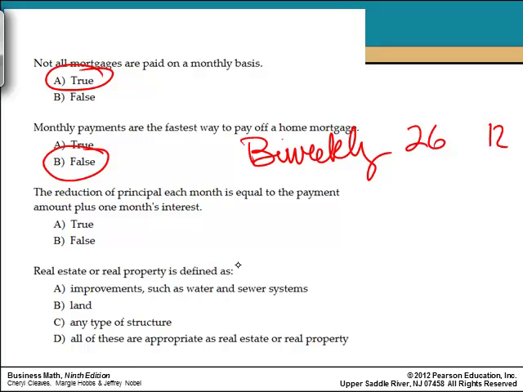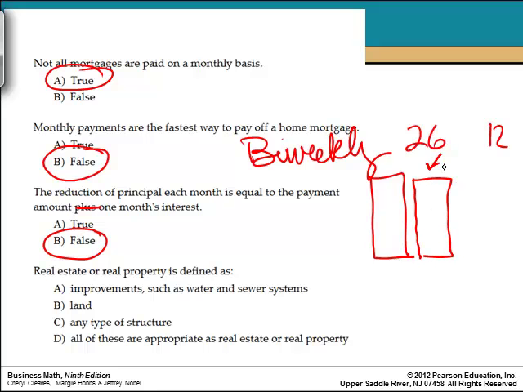The reduction of principal each month is equal to the payment amount plus 1 month's interest. No, it's minus 1 month's interest. So basically what happens is, here's the amount of money that you owed at the beginning. 1 month later, it's going to be less. And the amount less it's going to be is just the principal, the subtraction after the interest, because each payment is made up of interest and principal reduction.